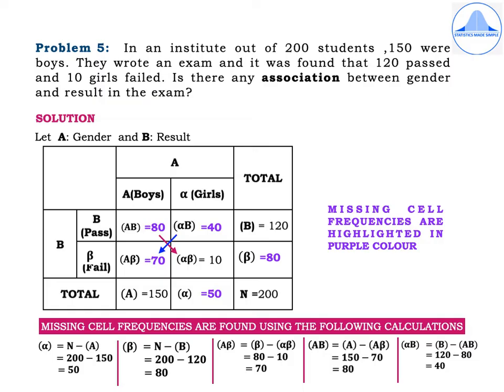So in an institute out of 200 students, that means capital N is equal to 200, 150 were boys. So the total number of boys is equal to 150. That is written in the column under boys, that is A is equal to 150. Then they've said they wrote an exam and it was found that 120 passed.